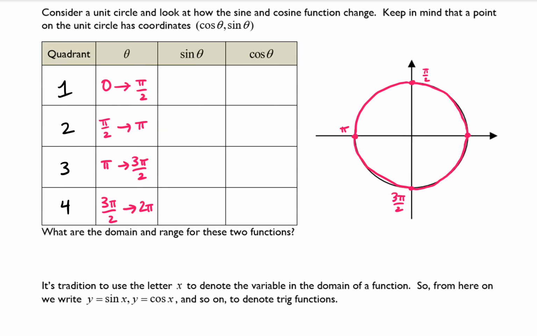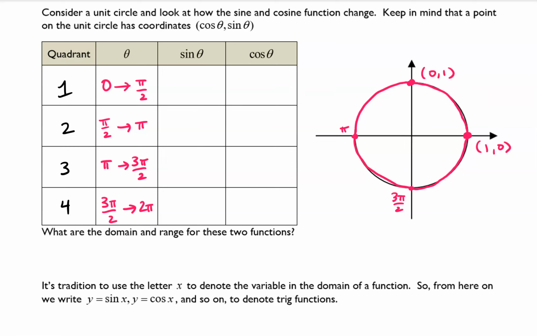Now let's go back to quadrant 1. When we are at an angle of 0, the coordinates are 1, 0, and at pi over 2, those coordinates are 0, 1.